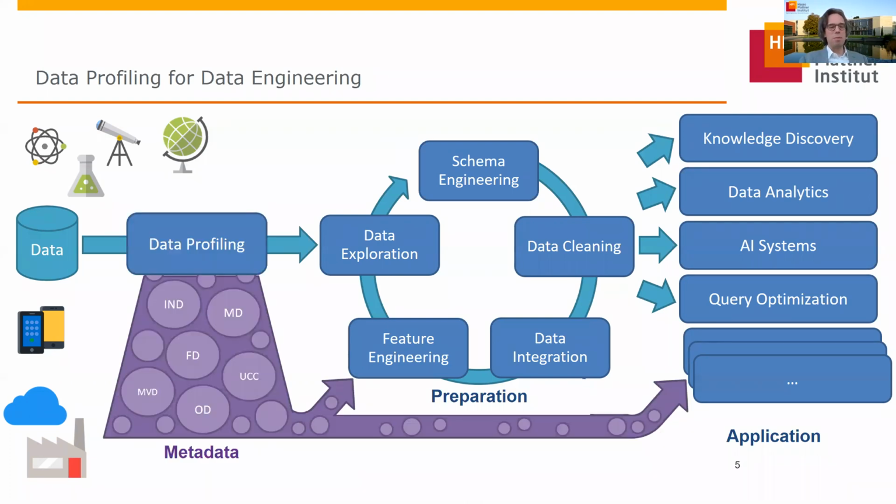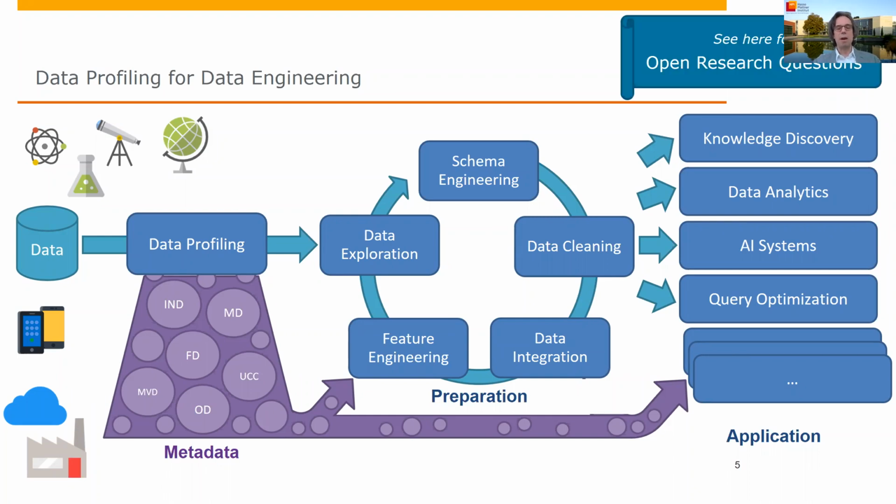And my argument will be that if you do some data profiling in advance, extracting all kinds of dependencies from the data set that you've just gotten, you can improve lots of the things that you're doing, both in the data preparation area and in the application area. And as we go through these slides, I will always have a few open research questions there in the top corner, and we'll be talking about those briefly throughout the talk.